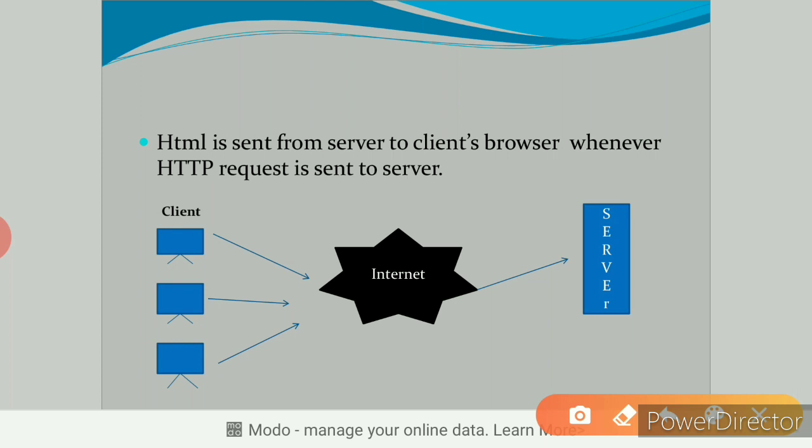Whenever you send a request to the server through the internet, and if your request is valid, then you have the right to access your particular HTML page. This page will be sent from the server to the client over the network.